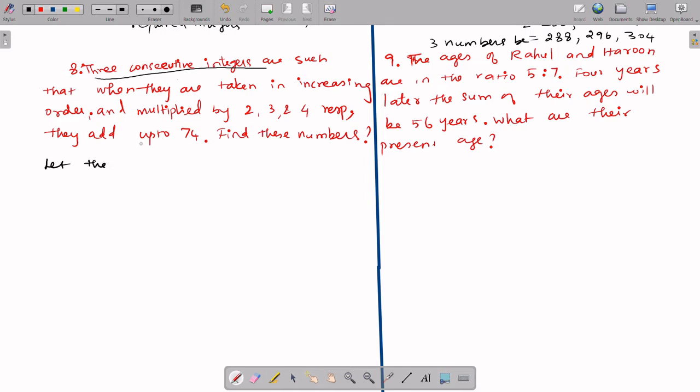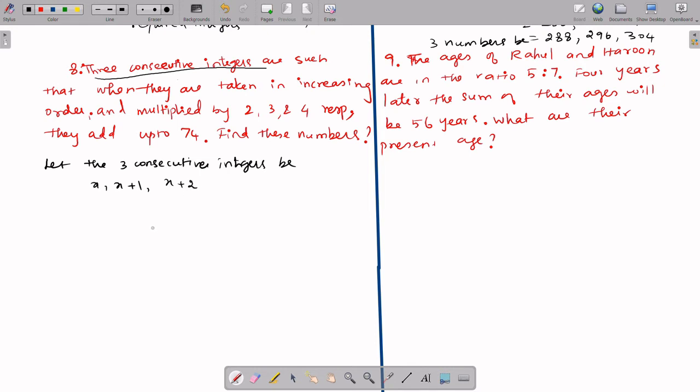Let the three consecutive integers be x, x plus 1 and x plus 2. This is our consecutive integers.